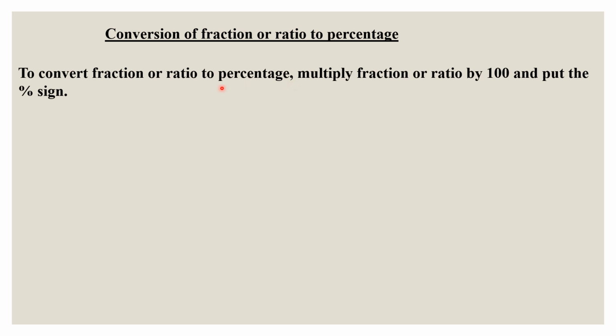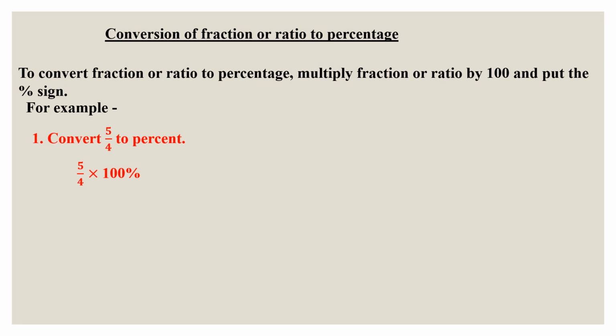Here I will show how to convert a fraction or ratio to percentage. To convert a fraction or ratio to percentage, multiply the fraction or ratio by 100 and put the percent sign. So let's see some examples. The first example is to convert 5 by 4 to percent. You have to multiply 5 by 4 into 100 and put the percent sign.